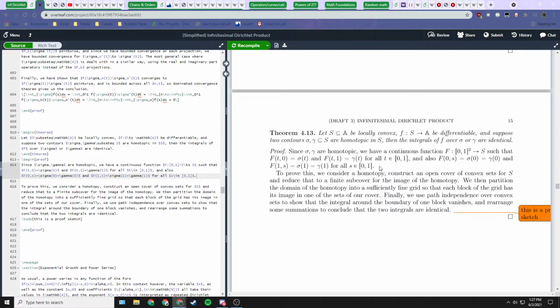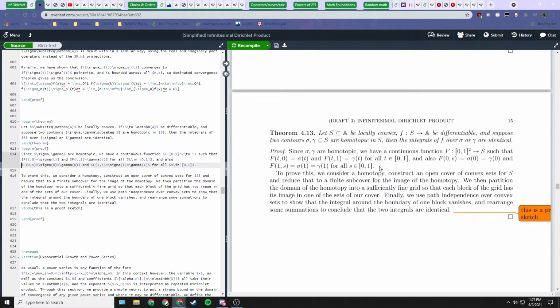Something that's important to note is that it is not required for this proof that, for each fixed value of s, this f of t be considered a contour. Our restrictions on a contour are that each projection is piecewise continuously differentiable, or that it is the antiderivative of a piecewise continuous function.